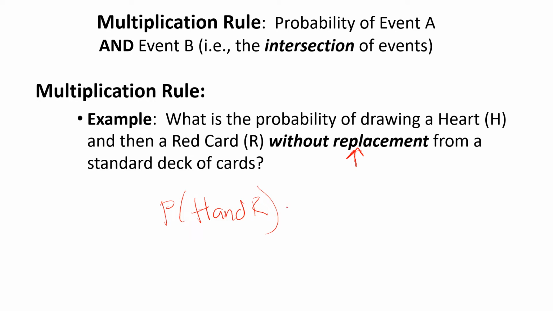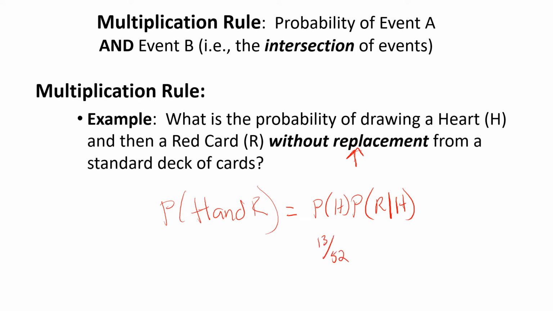So it's going to be equal to the probability of getting a heart times the probability of getting a red card given we got a heart on the first draw. So what is the probability of getting a heart here? Well, there are 13, so it's 13 out of 52.